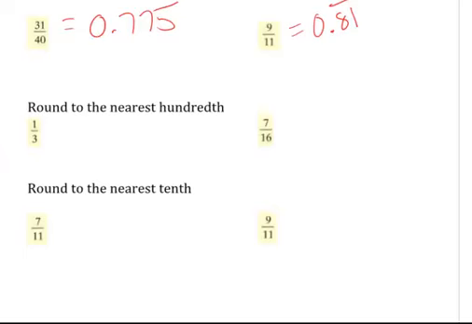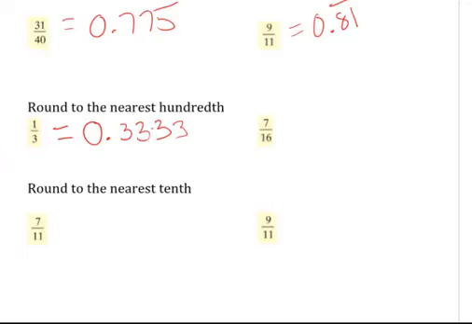All right, for my next problems here, I'm going to do the same thing. I'm going to convert these to a decimal, and I'm going to round. So I'm going to take 1 divided by 3. On my calculator, I'm getting 0 point and a whole lot of 3s. I know I would normally put the bar, but what I want to do here is write a few 3s out. The reason I want to write out some of these numbers is because I'm going to be rounding here.